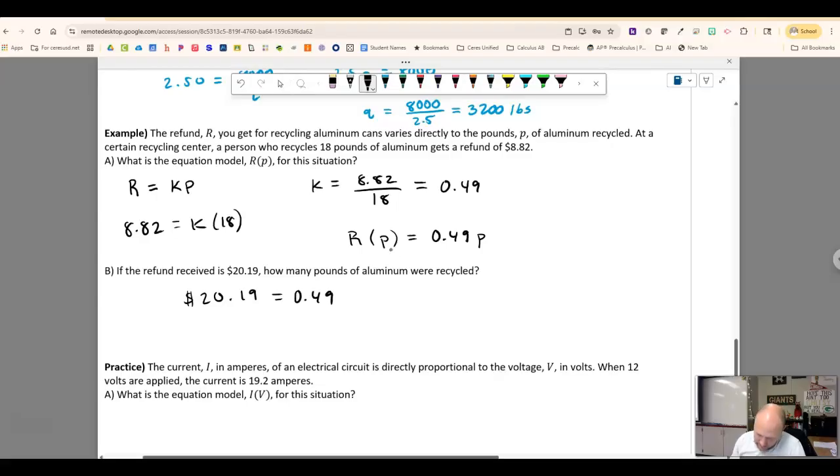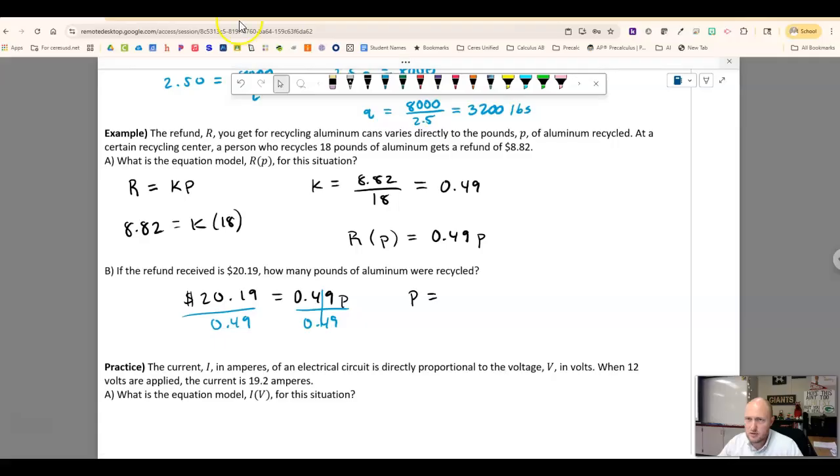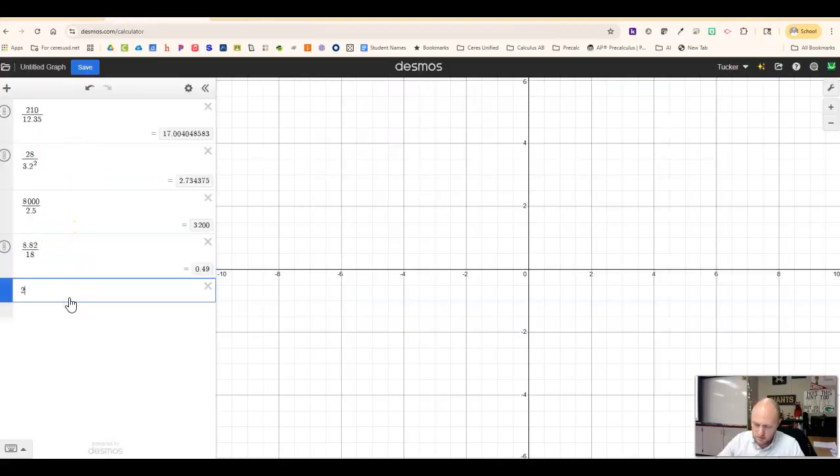So we get 0.49 P, and we're solving for P. So I'm going to divide both sides by 0.49. This cancels. And we get P is equal to, we'll go to a calculator, 20.19 divided by 0.49. And we get 41 pounds, 0.204.